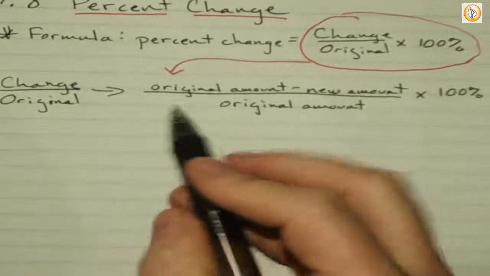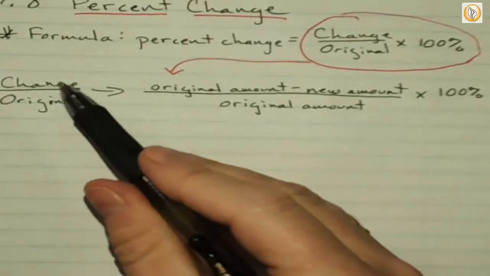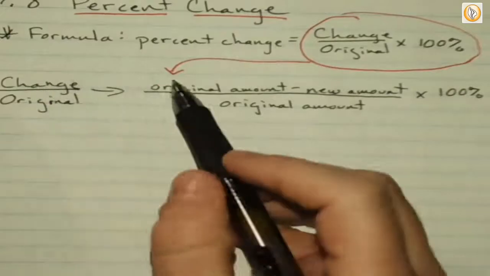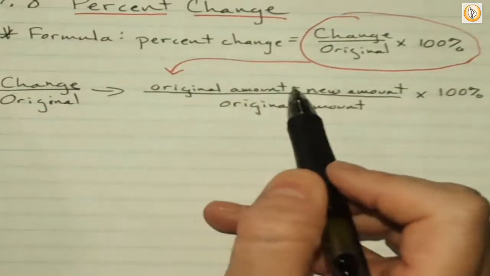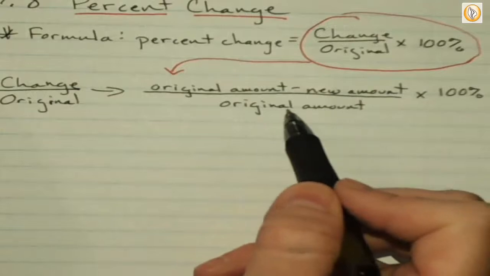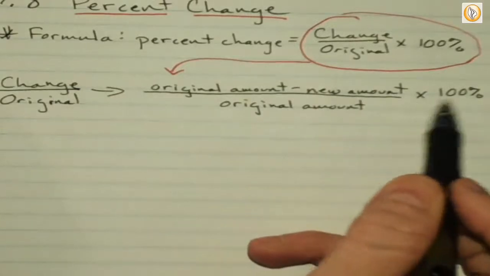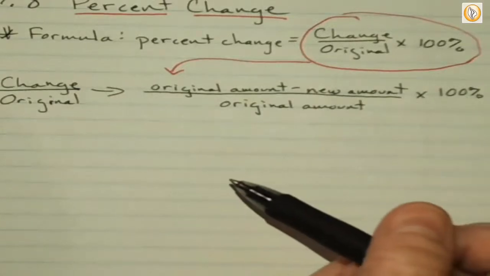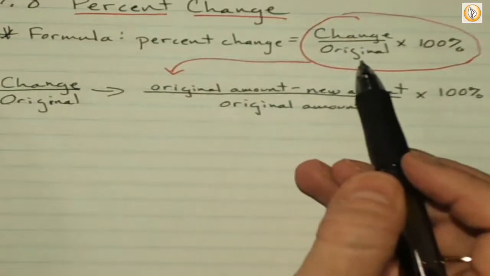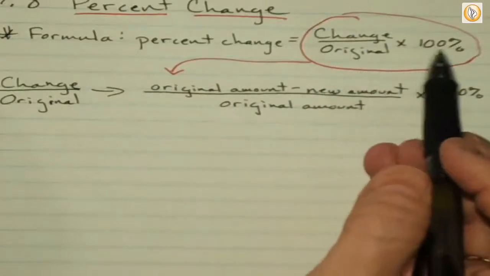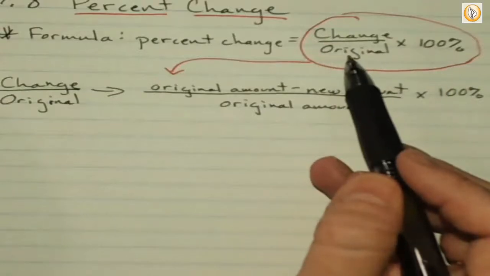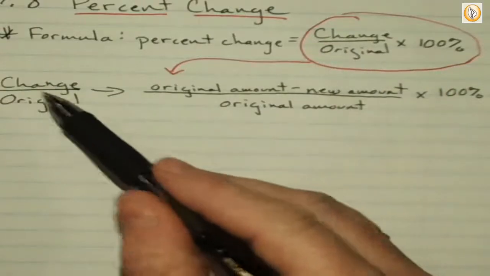So what change means is original amount minus new amount divided by original amount, and then times 100%. Okay, so the formula is change over original. Don't even worry about this times 100% right now. The formula is change over original.